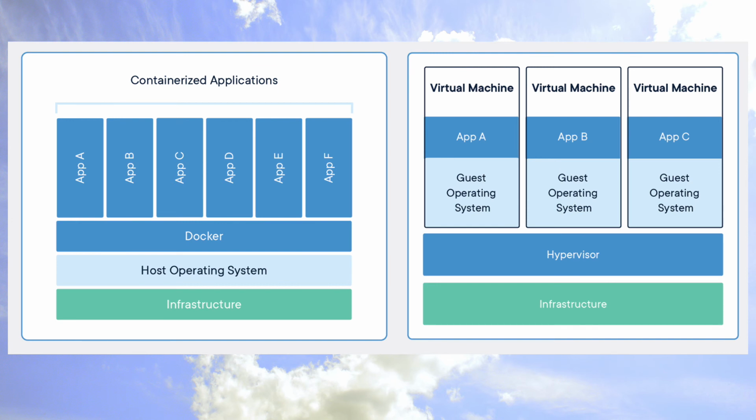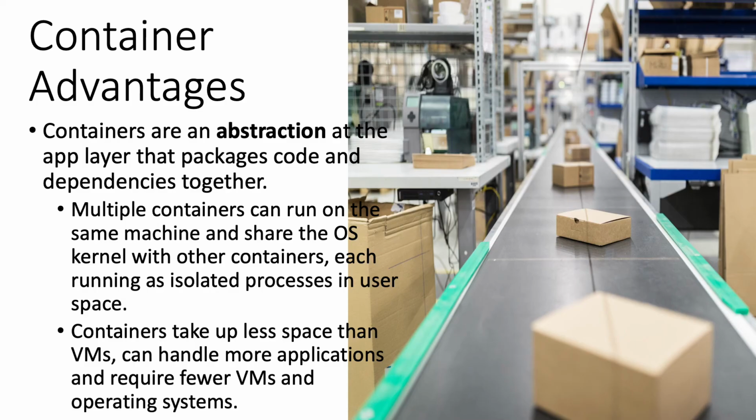But you can see that Docker is running on the host operating system, and so you have this interaction with the host operating system. There's not complete isolation between the containers and the host or the containers themselves. So what are the advantages of containers? Well, they're an abstraction at the application level, at the operating system level, and they package up the code and dependencies together.